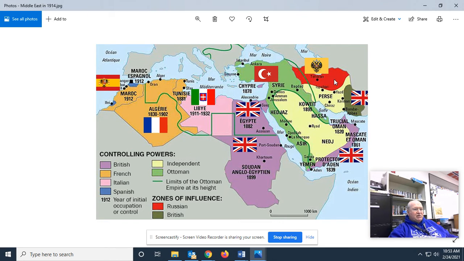The Russians had pushed well down into this country, the red and the yellow here. Today, this is what we call Iran. Back then, they called it Persia. The Russians were dominant in this part, and the British were dominant down here. And the British parked themselves right here for the purpose of blocking the Russians.